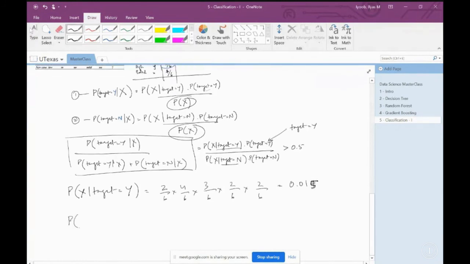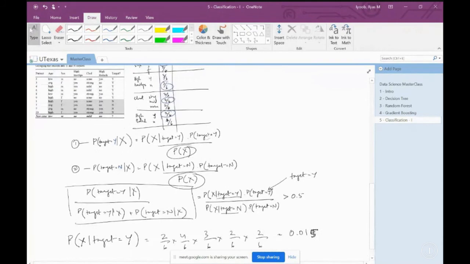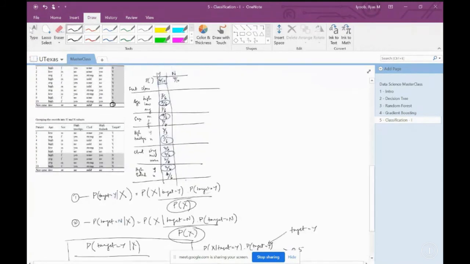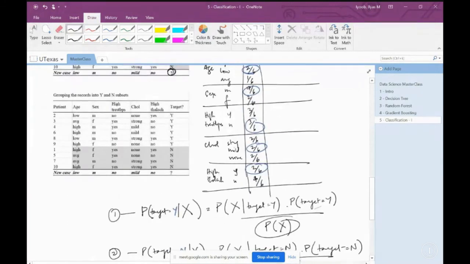And then the probability of x given target equals no. If we had done this column, actually, let's just do at least one of them real quick. So among the nos, you see there's 2 high and 2 averages.